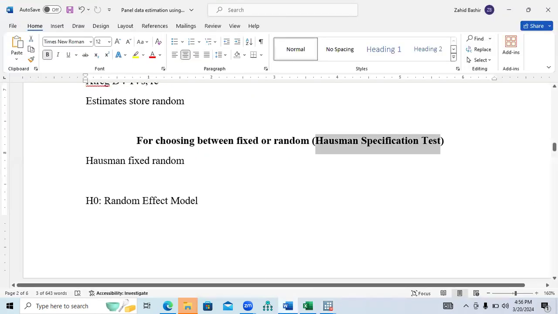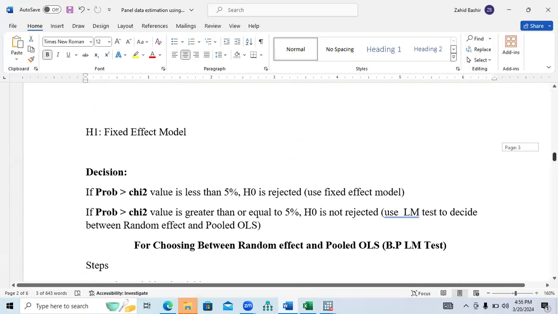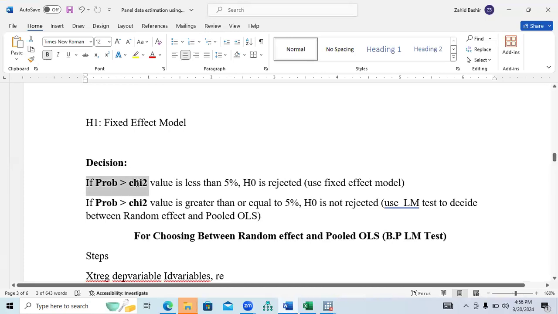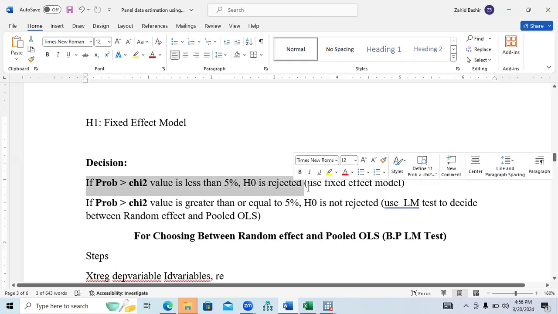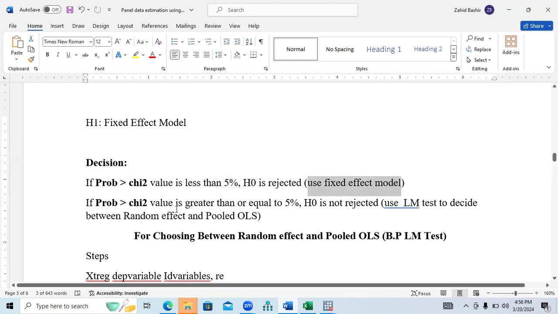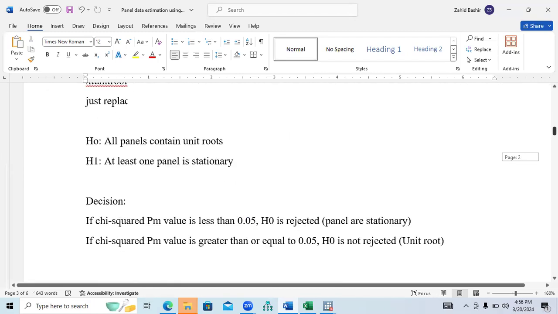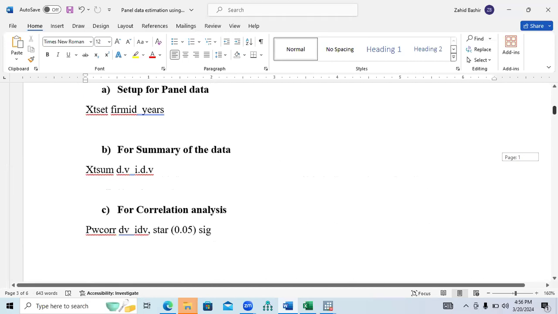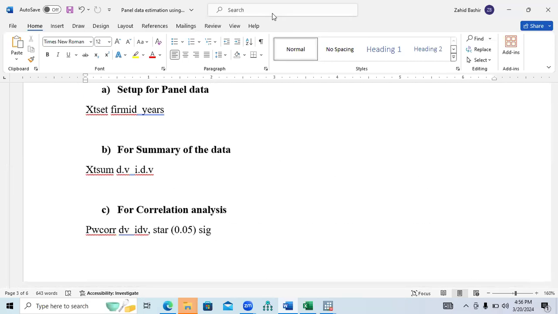So I have mentioned here, if p-value is less than 5%, H naught is rejected, use fixed effect model. But if your p-value is greater than 5%, then use the LM test to decide whether you are going to use the random effect or pooled OLS. So tomorrow I will let you know the further procedure. Today you need to stick around the fixed effect and random effect for further consideration.